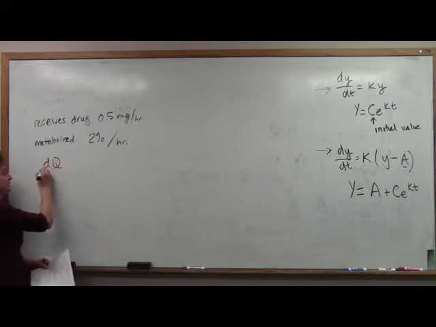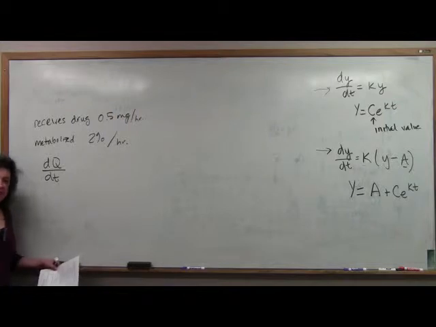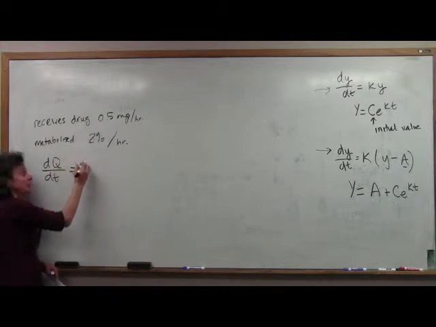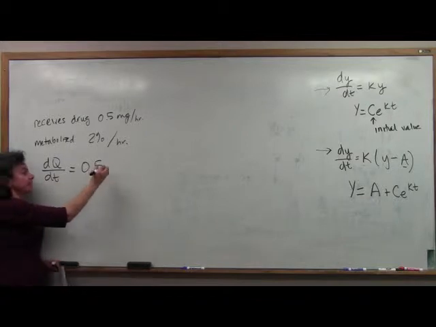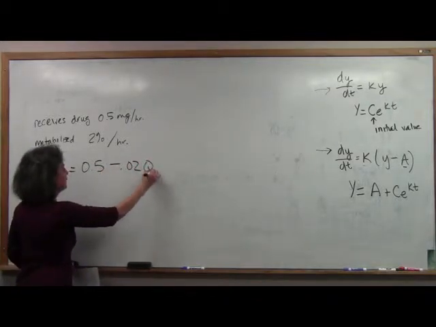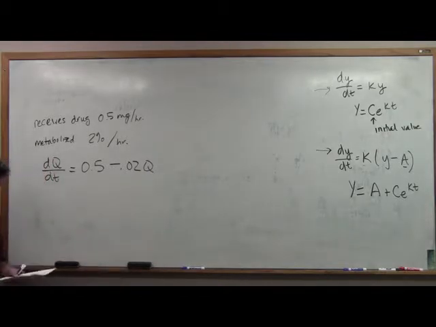Let's first write a differential equation for the quantity of the drug present at time t. Now we've got two things going on here, right? There's a drug going in at a constant rate, so that's going to be positive. And then it's going out at the continuous rate of 2% of the amount present.